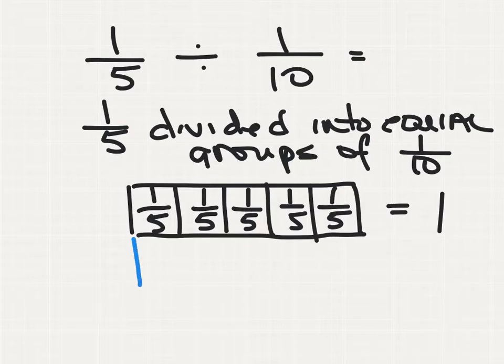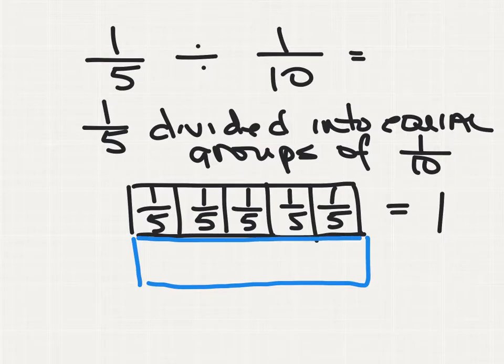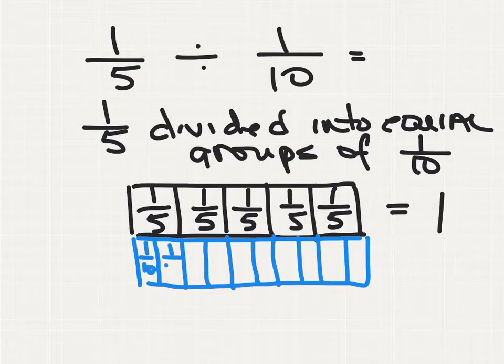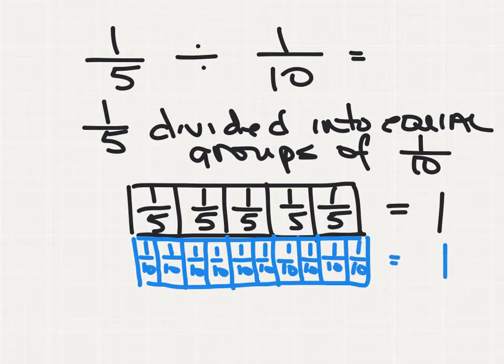So now, what if immediately below this bar, I drew a second bar? Same size. Only this time, instead of cutting it into 5 pieces, I decide to cut it into 10. Would you agree that each piece would be 1/10? And that if I had all 10 pieces, I would have 10/10, and 10/10 would give me one whole thing. 1/5 divided into equal groups of 1/10.